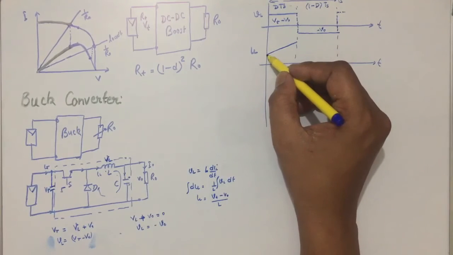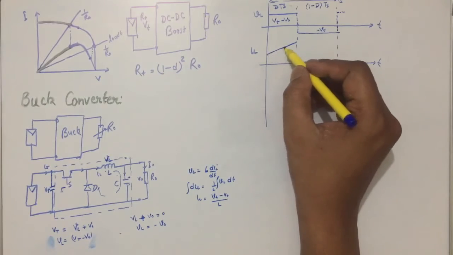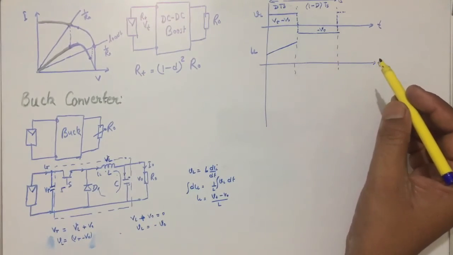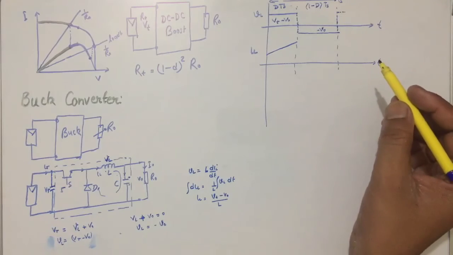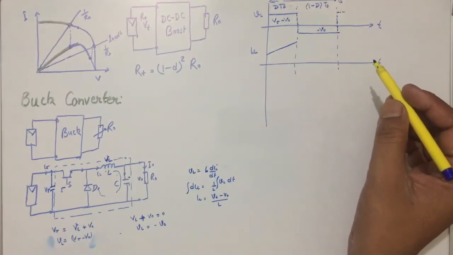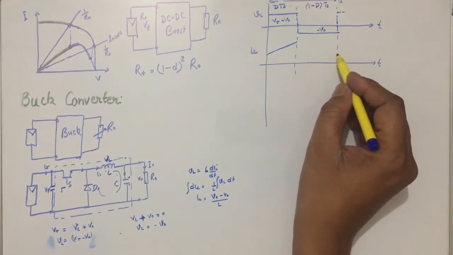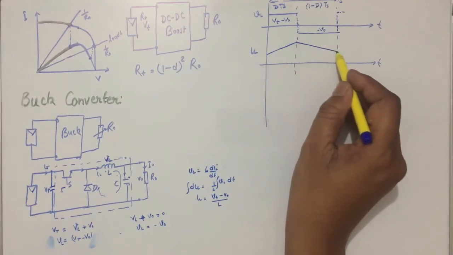So the current has this path from here to here during the charging time, and for discharging time this current discharges and follows the path like that.